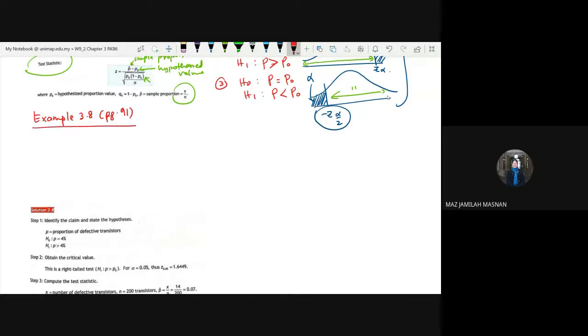So what is the situation? When working properly, a machine used to make transistors produces 4% defective.